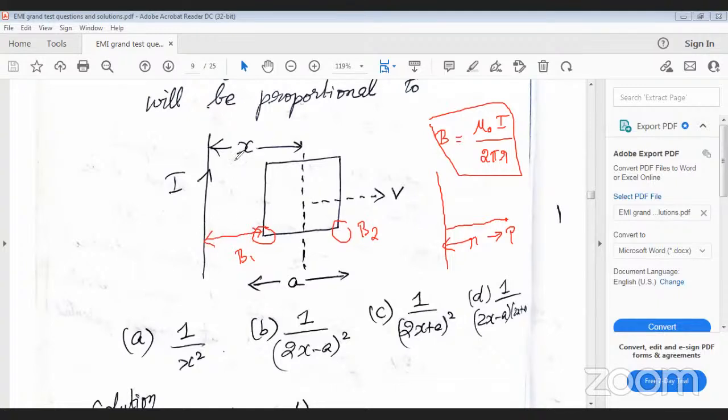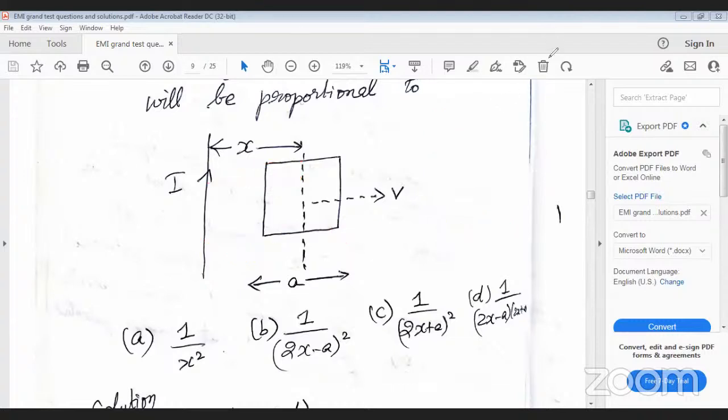This distance is nothing but x minus a by 2. From this diagram you can find this x minus a by 2. The whole distance is x, and when you subtract this a by 2, you will get this distance. That thing we need to keep in mind.